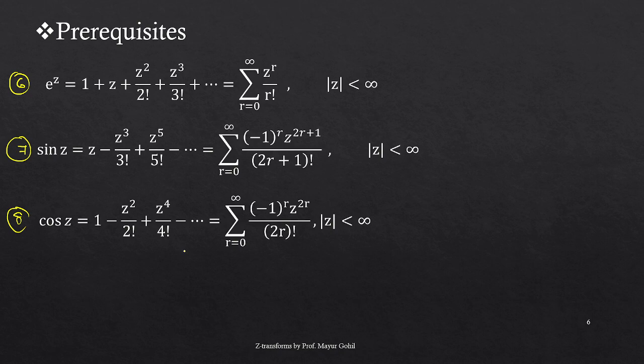We would be taking the help of these formulas in order to understand the pattern in the z transforms. So just these 8 formulas would form the basis of the entire Z transform topic, along with the definition and all. So these are the most important formulas for prerequisites.